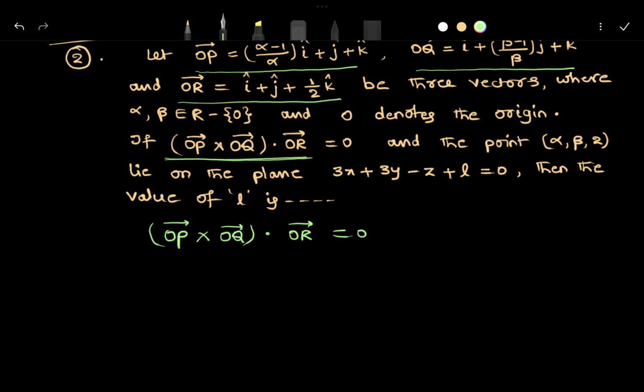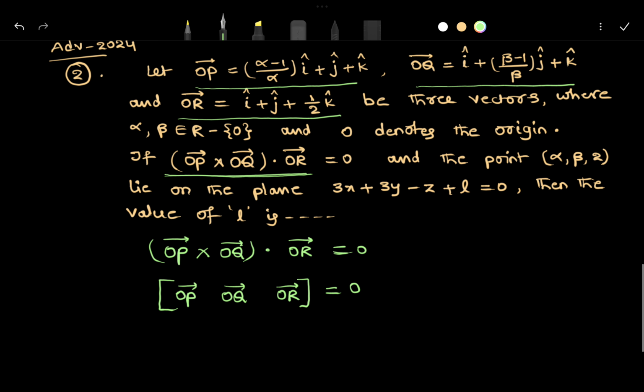So that means you can write that the box of OP bar, OQ bar, OR bar is equal to 0. You already know the fundamental in vectors: the box of 3 vectors being equal to 0 means those vectors are nothing but coplanar vectors.